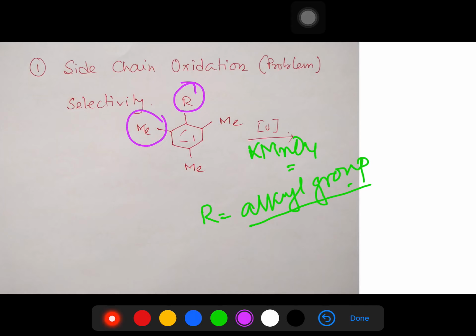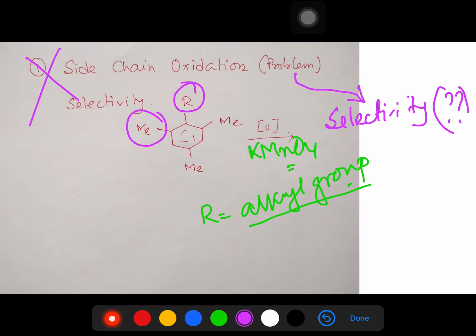So there is a question of selectivity. That's why we cannot predict that this will be oxidized. So this is not a good method, and the problem associated with this method is the selectivity.